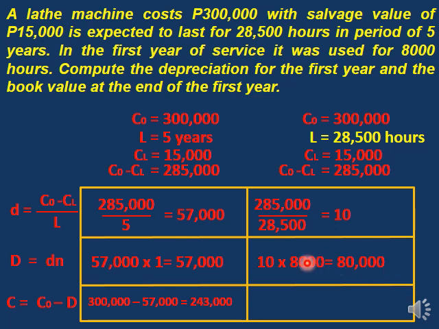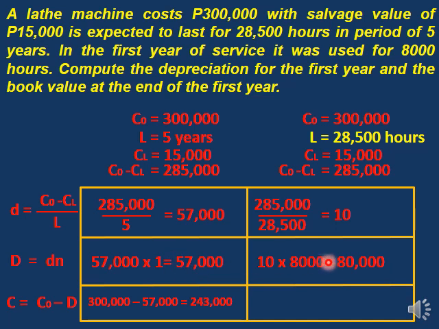Compare the two amounts. Based on its life, it has depreciated 57,000. Based on the working hours, it has depreciated a higher amount of 80,000. In computing the depreciation, we are not actually going to add the two depreciations. We will not say that the total depreciation is 80 plus 57, or 137.